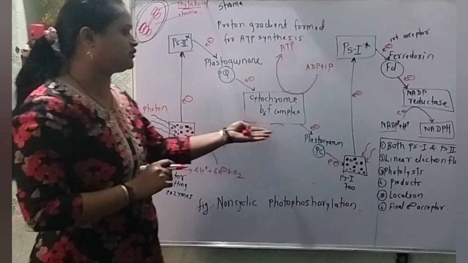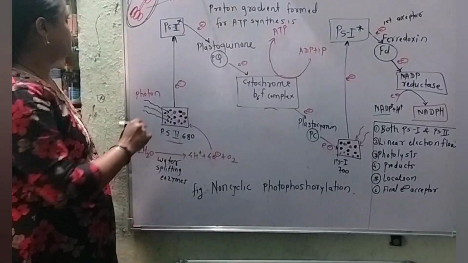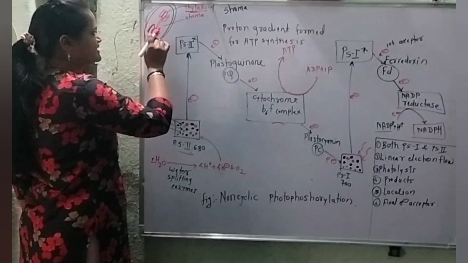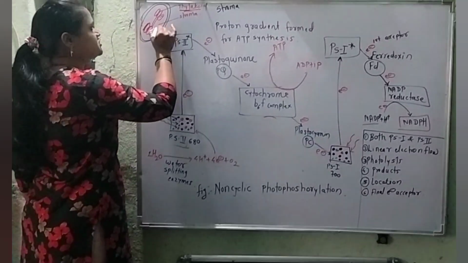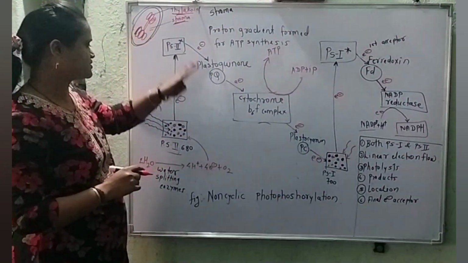There are different kinds of pigments which help in the process of photosynthesis. This place is known as the lumen, which is present inside the thylakoid, and this is the stroma. This stroma also helps the whole process.